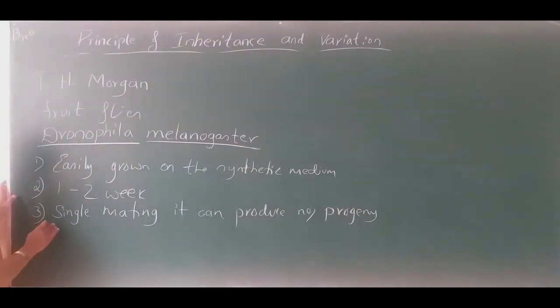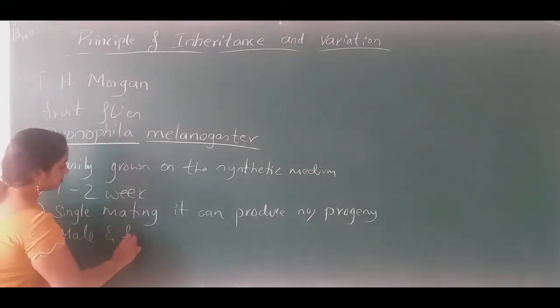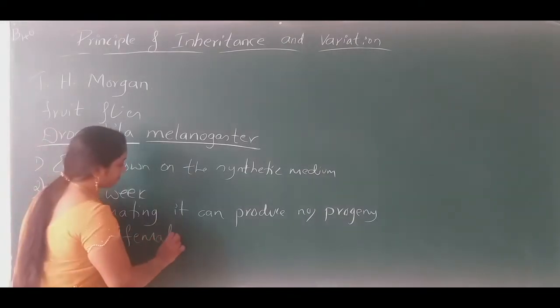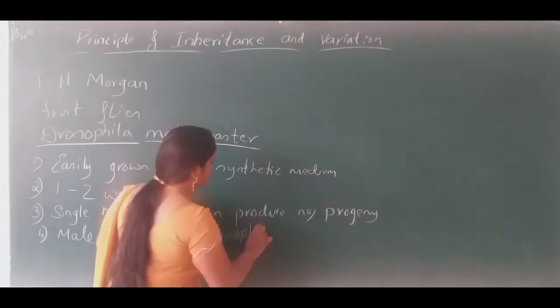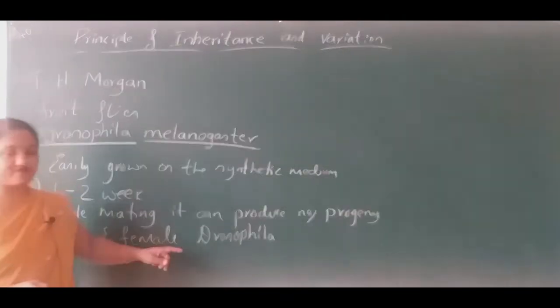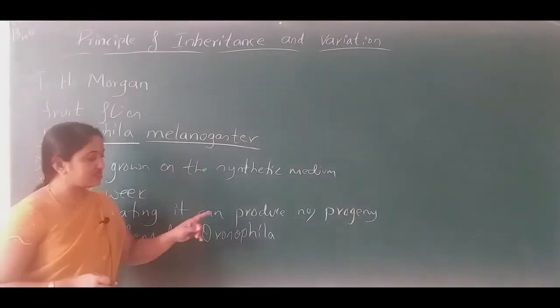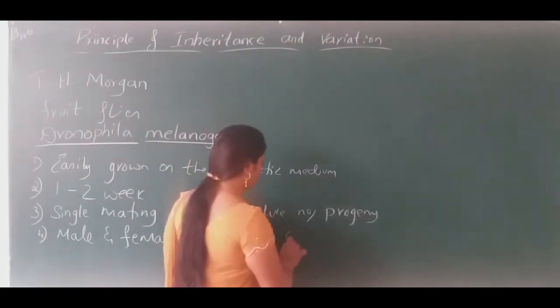In a single mating of male and female fruit flies, the female fruit fly can produce a number of progeny. And male and female Drosophila can be easily distinguishable.